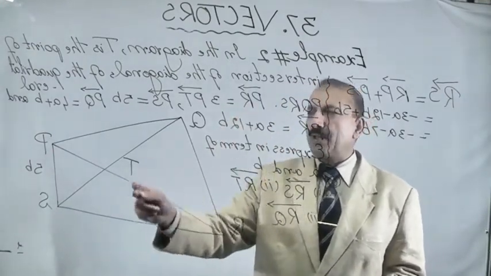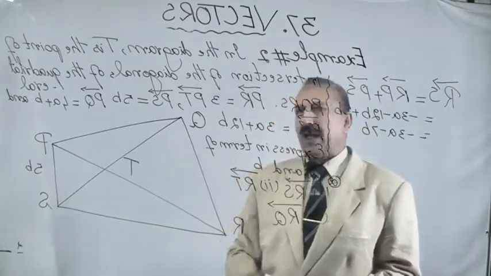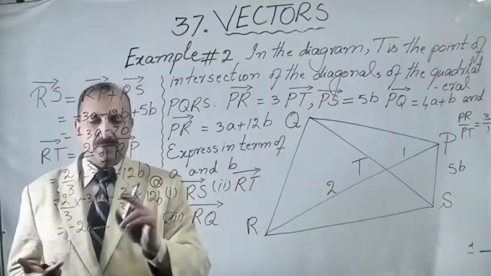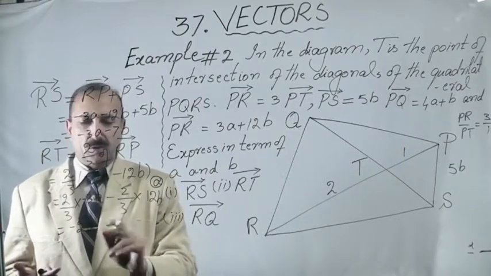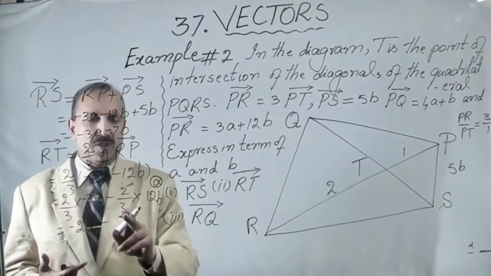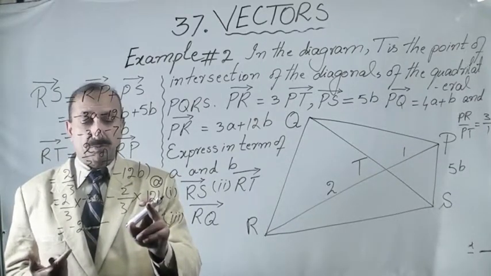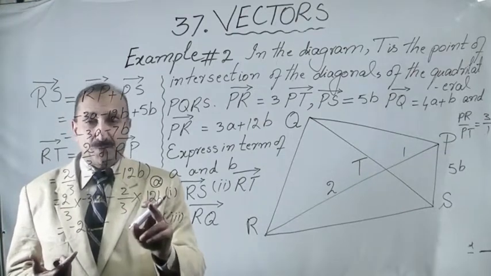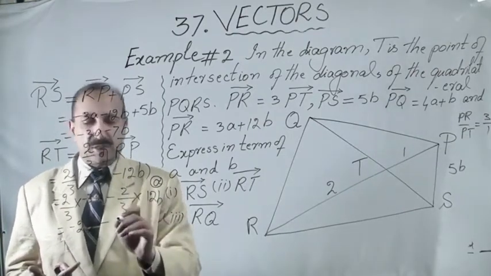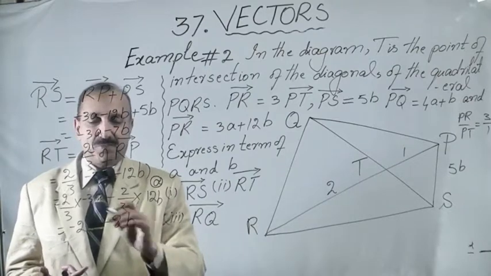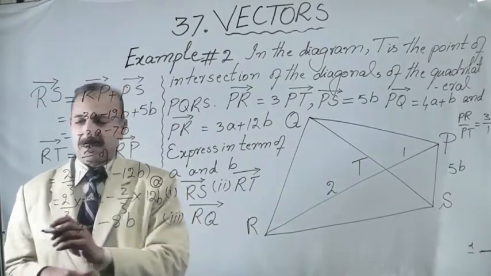That will help us where to write which ratio. This can be written as, there is only one negative sign here, minus 3 cancel 4, we got 2, we got 4. When 3 cancel 12, we got 4, and 4 times 2 is 8. This is 8B here. This is the value of RT.